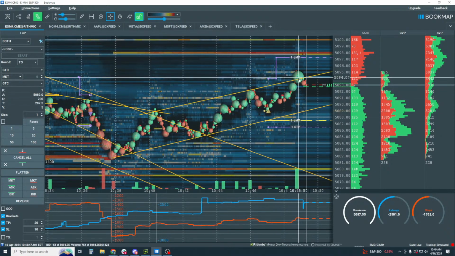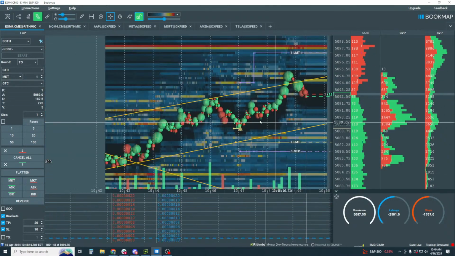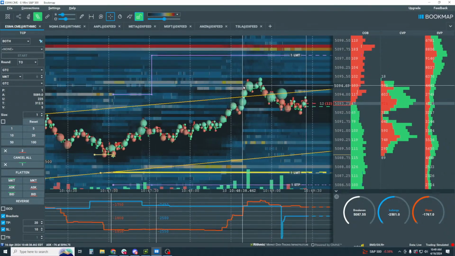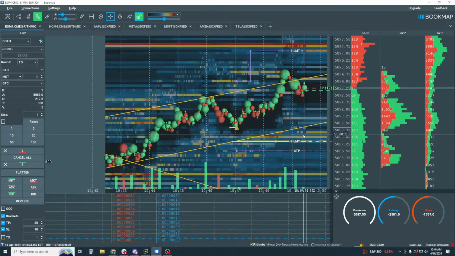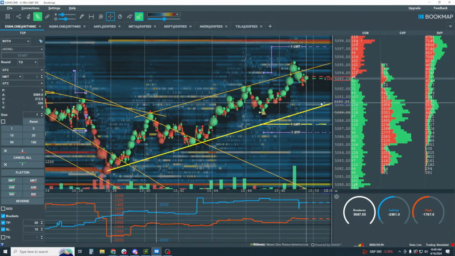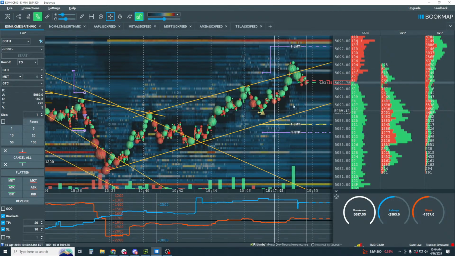Okay, so here's our move to the top of this range here. Okay, and you can see we traded into high liquidity up here. Some of it was pulled, some of it transacted, but we're seeing our buyers come in though too. Okay, so now is it going to go exponential, or do we see a lot of sellers come in?